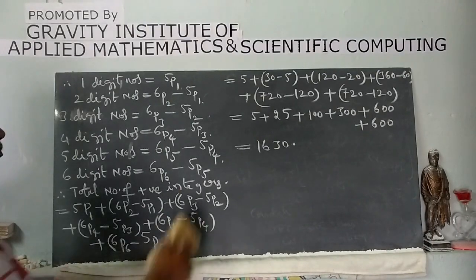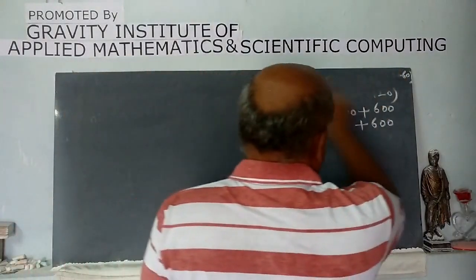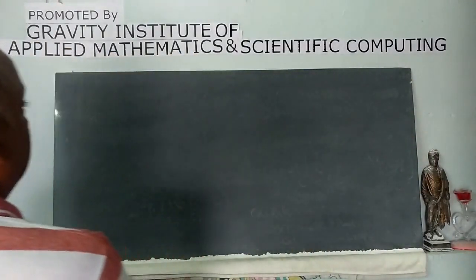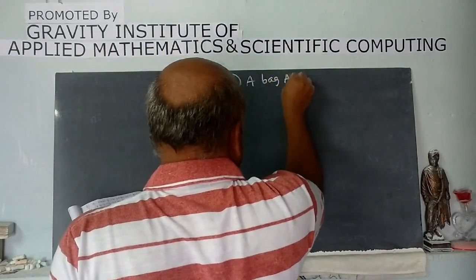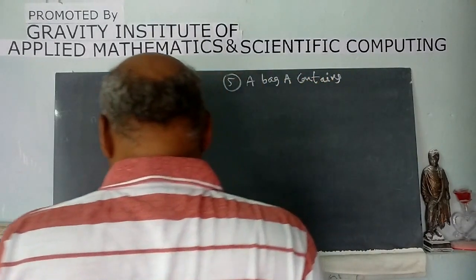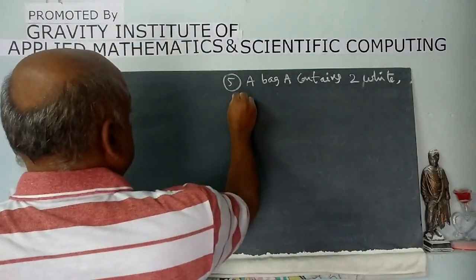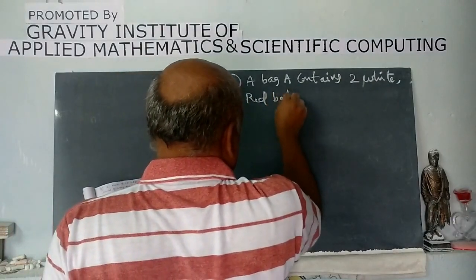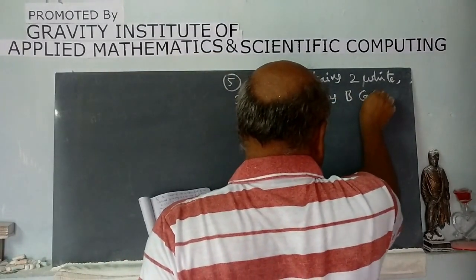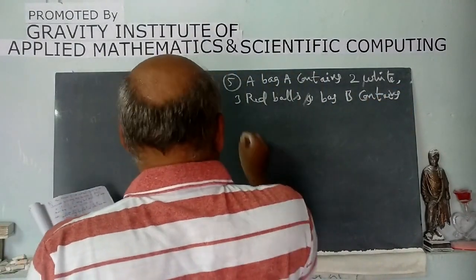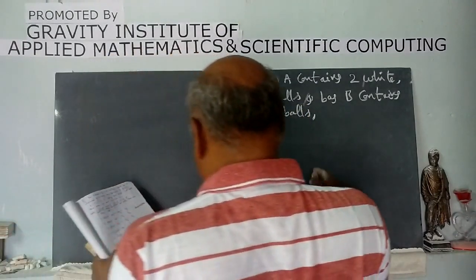Next, fifth problem. A bag A contains two white and three red balls, and bag B contains four white balls and five red balls.